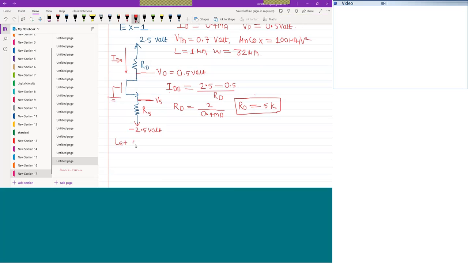Let our MOSFET is working in saturation region.